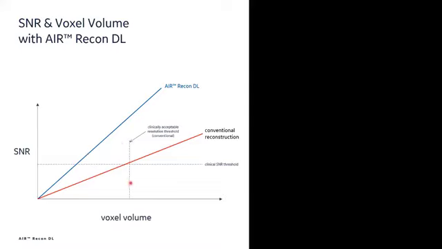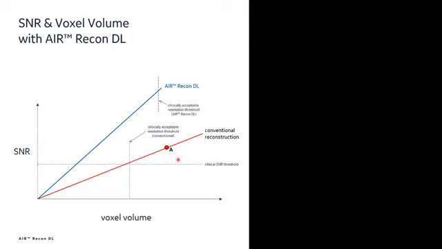For conventional reconstruction, that might be represented by this vertical line. But don't forget, with AIR Recon DL, that vertical line is shifted. I told you a few minutes ago that I can get higher spatial resolution with AIR Recon DL, and so I'm going to allow myself to shift that vertical line over. In other words, I can get by with a larger voxel volume compared to what conventional reconstruction can.